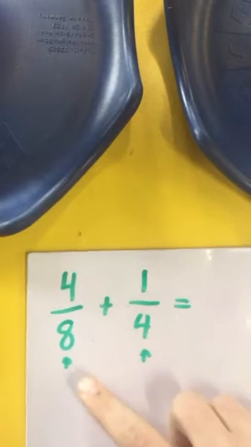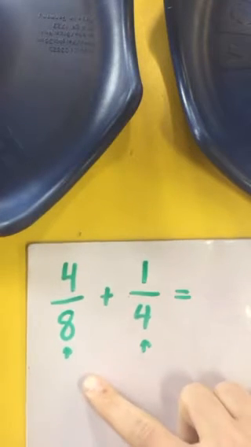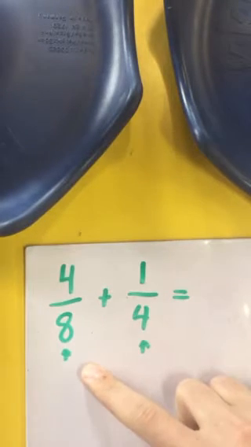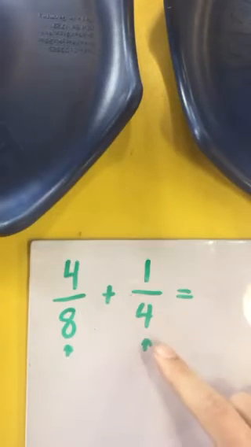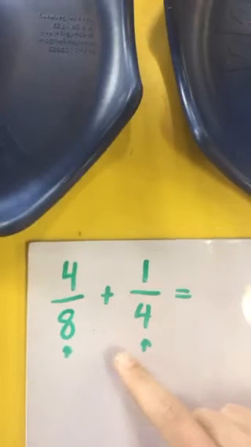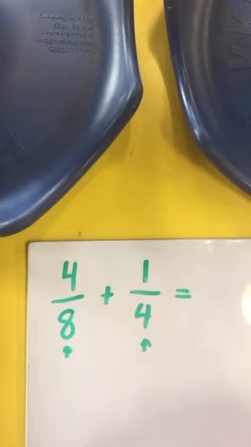The 8 and the 4 are different, and what that means is that if we want to add them together, we need to change one of them or both of them. It just depends. Changing one of them is less maths, changing both of them is more maths, but we should still get the same answer.